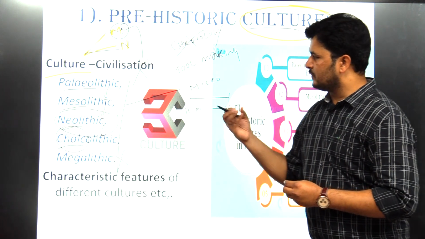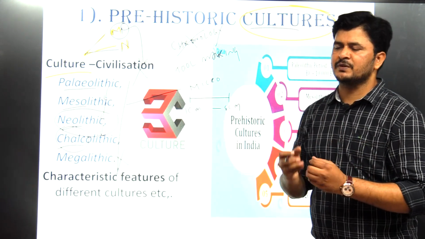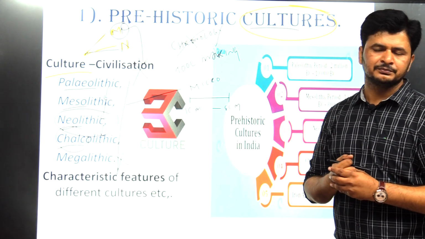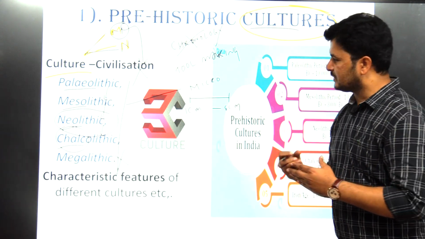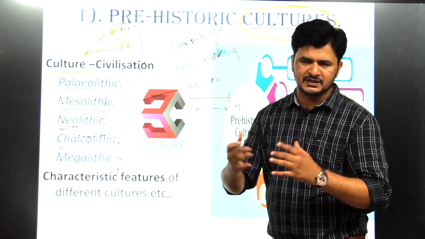Now with this background, when you observe Paleolithic cultures, you come across some span, say from earliest to 10,000 BC. Mesolithic cultures from 10,000 BC to 5,000 BC. Just I'm giving an example.